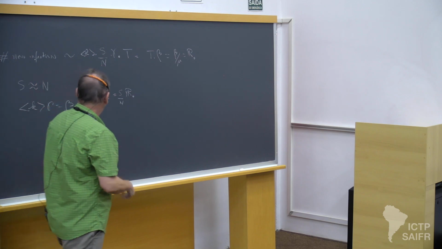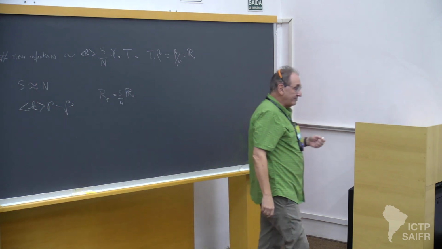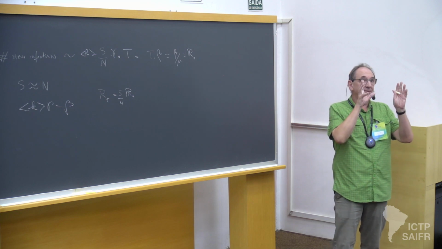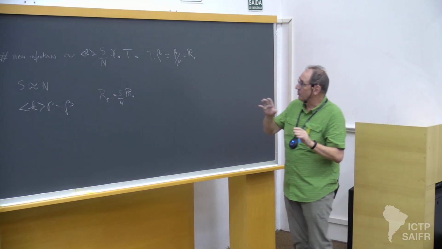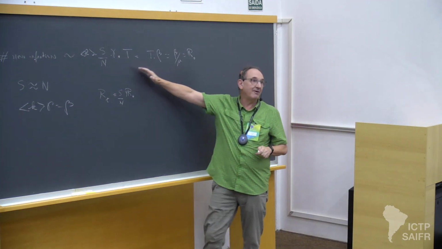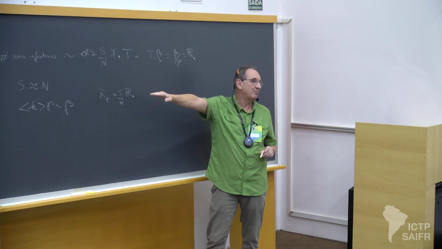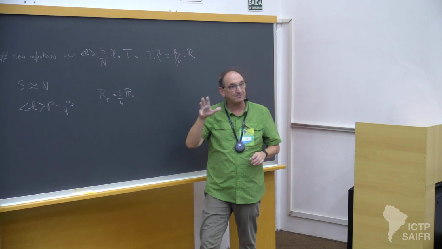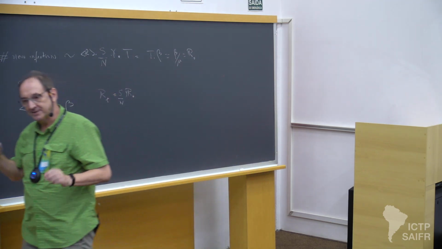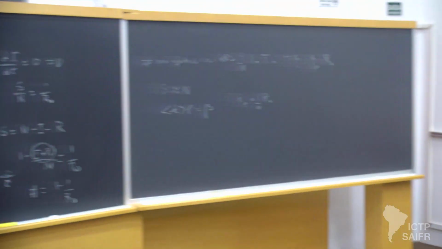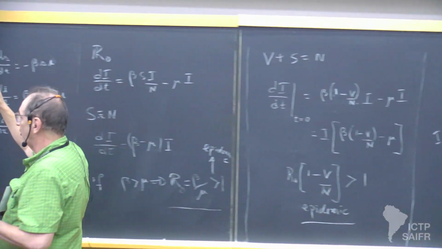In the same way as we can understand R naught without even talking about the SIR model, it is also possible to calculate R naught or R of t without writing down a whole model.